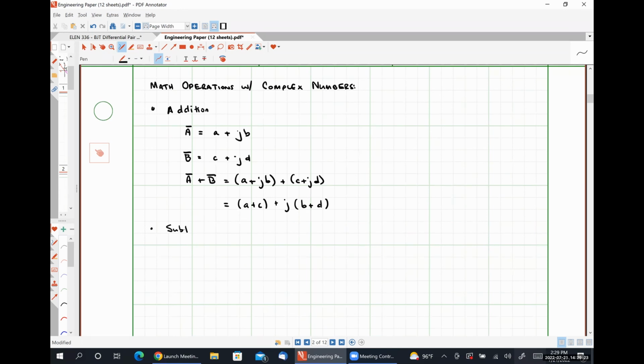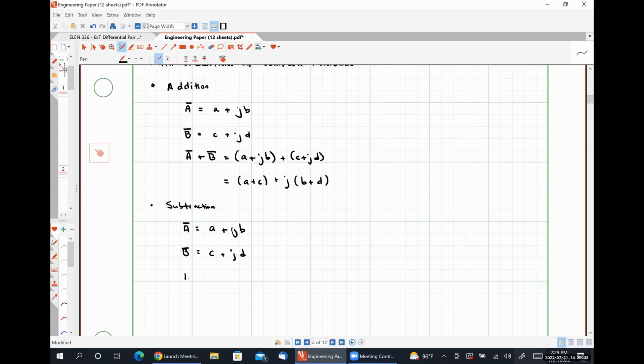Now we'll talk about subtraction. Also going to be pretty straightforward. For complex number A equal to a plus jb, and complex number B equal to c plus jd, then A minus B is going to look like a plus jb minus c plus jd.